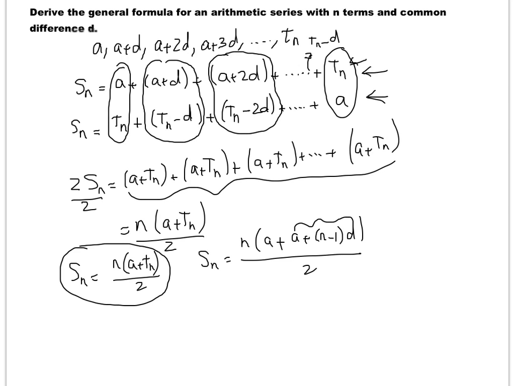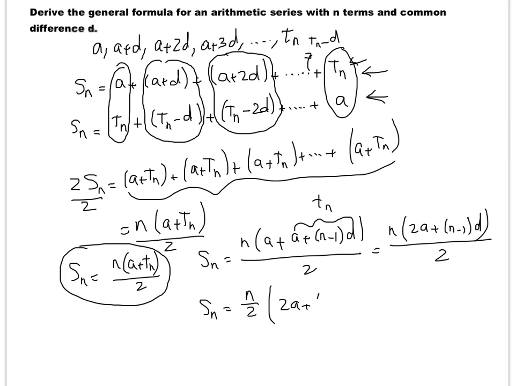This one is t sub n. Now if you add a and a, we get n times 2a plus n minus 1 d over 2. Or I can write this as Sn is n over 2 times 2a plus n minus 1 times d.